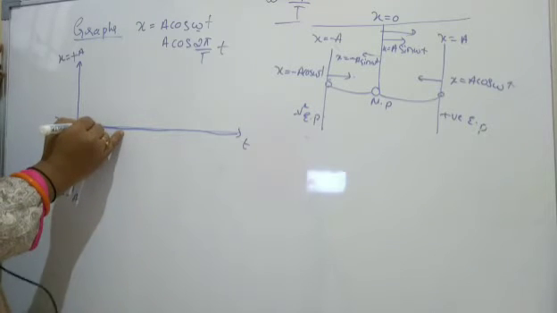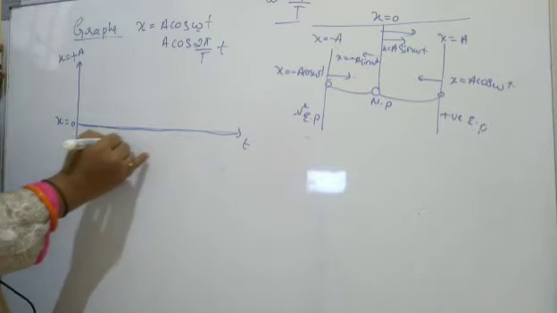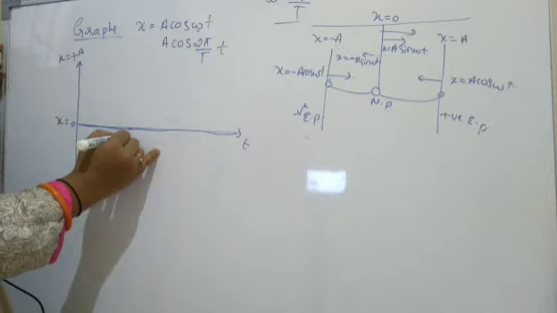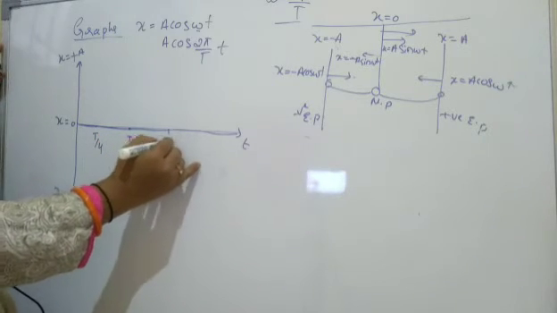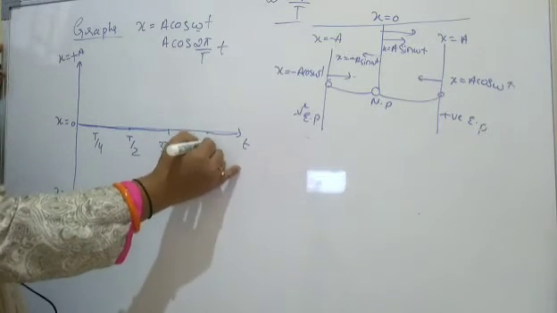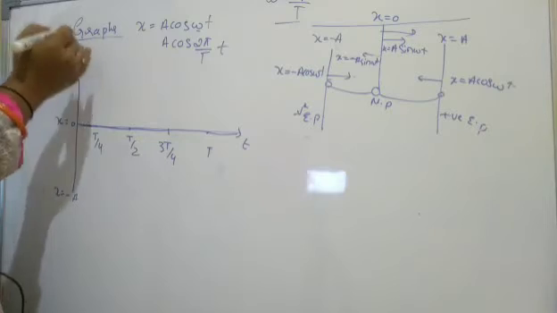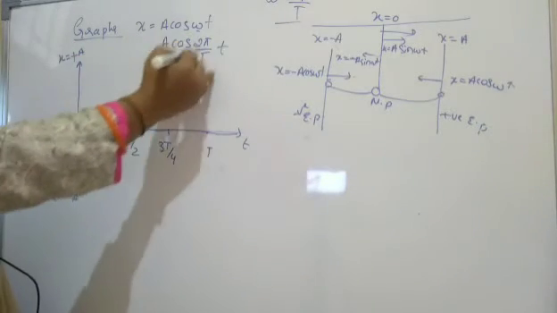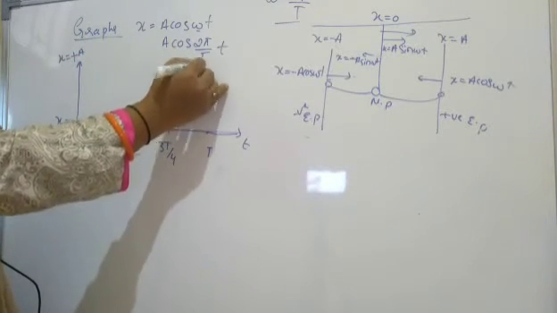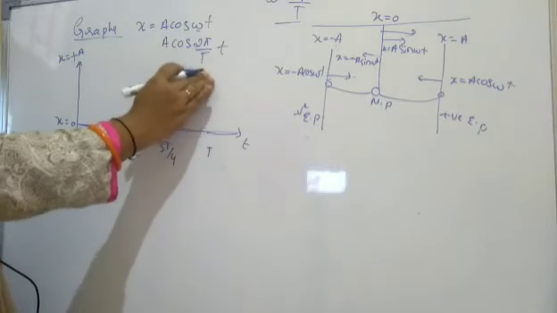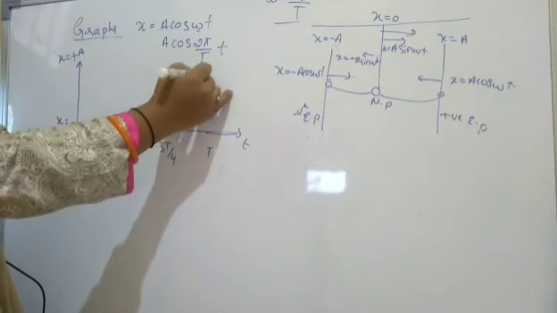So let me go ahead with T by 4, T by 2, 3T by 4, and this is the total time period. The particle is moving from the extreme position. Let me go ahead with the positive a. That means x is equal to a, t is equal to what here? T by 4. First part.